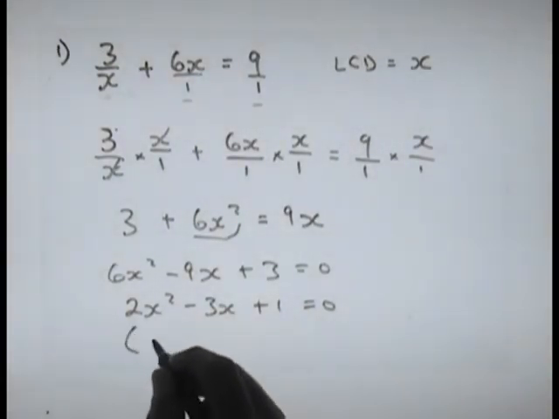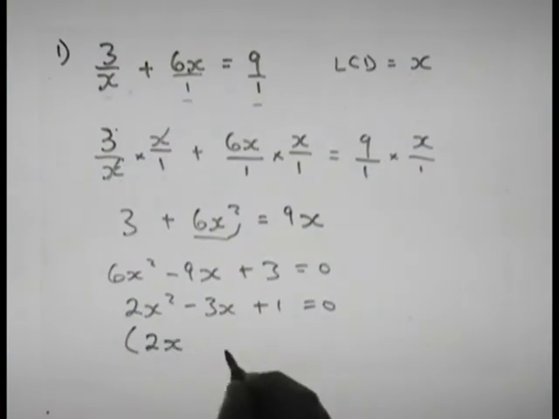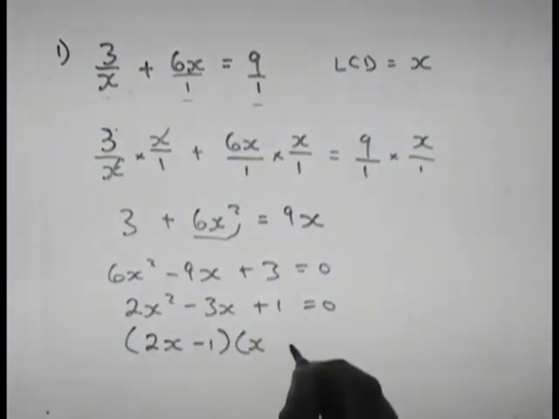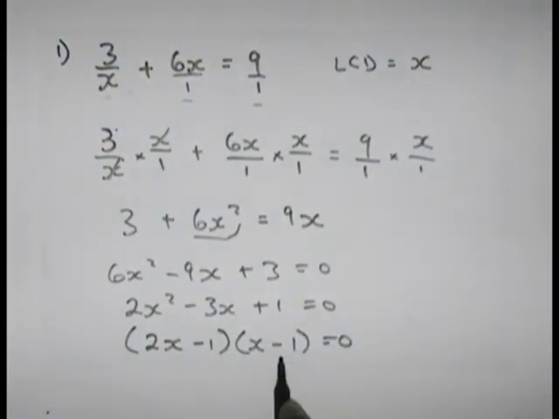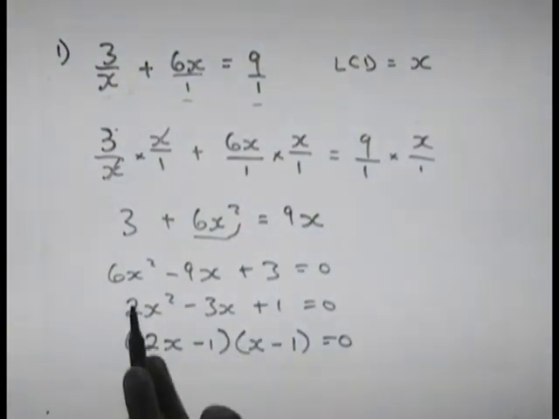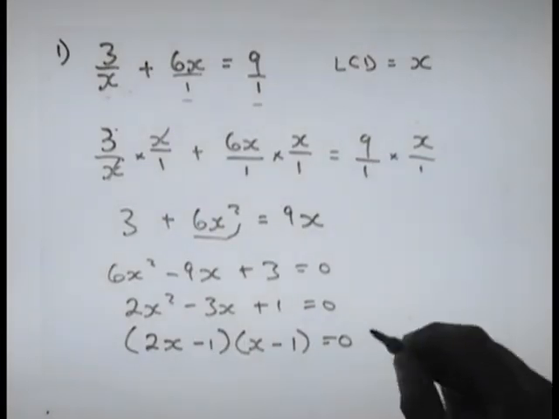This will factor out to become 2x minus 1, x minus 1 is equal to 0. That will give me minus 2x minus x is minus 3x plus 1, 2x squared. So that's fine.